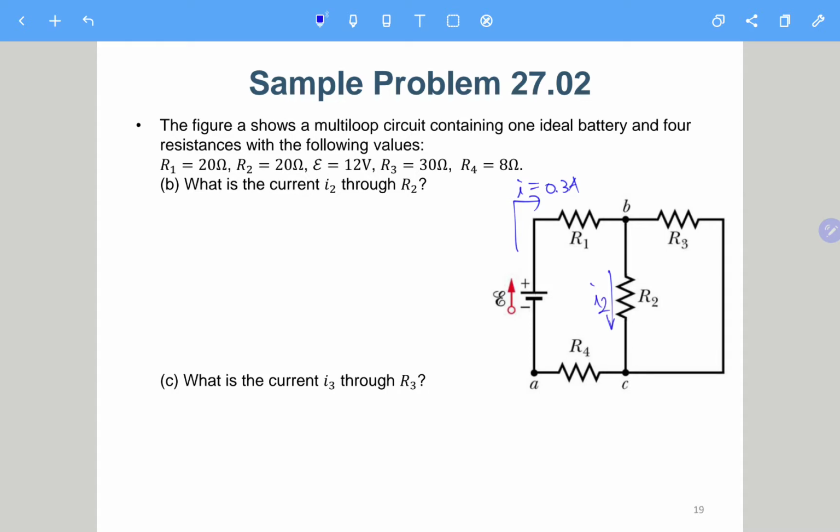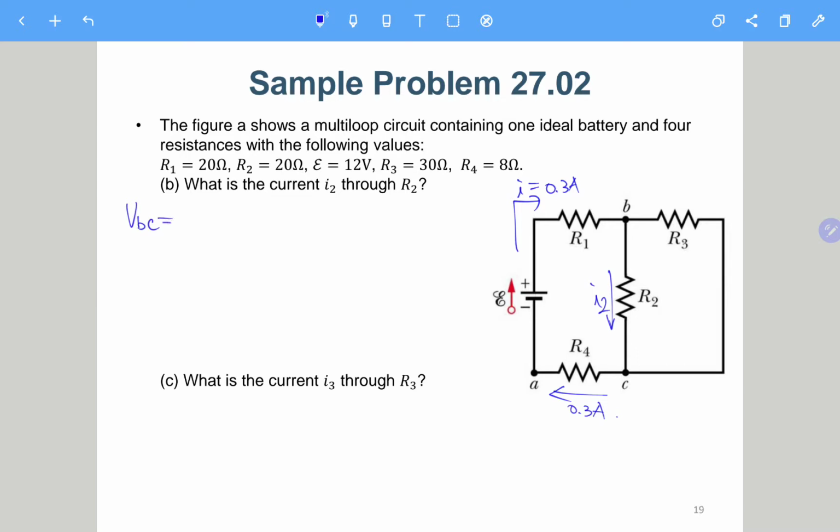I2. Okay, so here this is still 0.3. Here we can consider VBC.